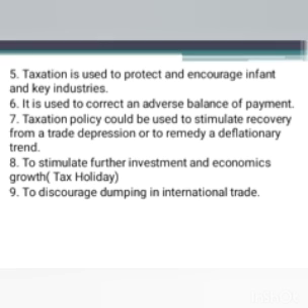The last one there, to discourage dumping in international trade. Yes, when we say dumping, it is a situation where a foreign country comes to another country and sells their goods lower than the other country's cost of production.